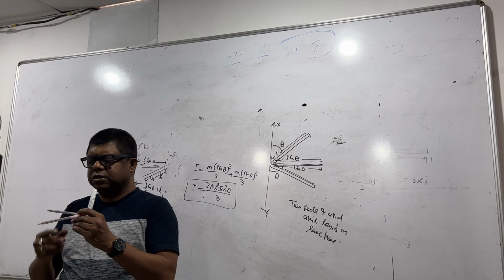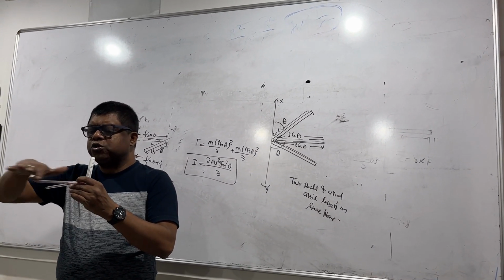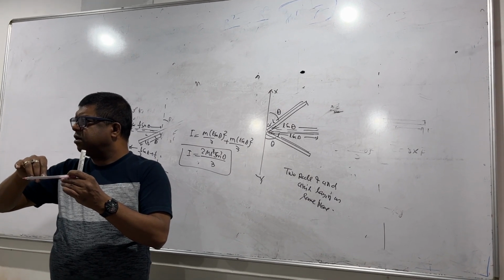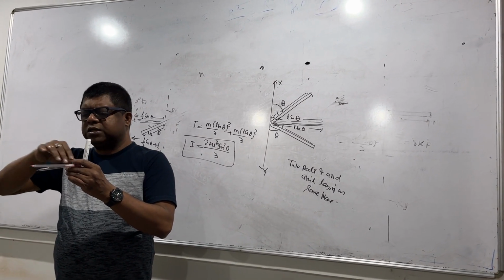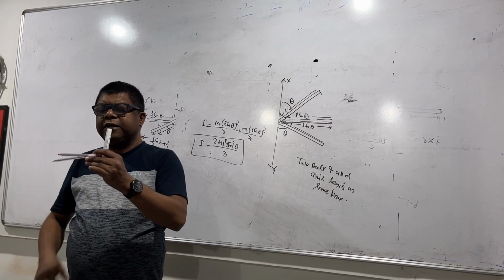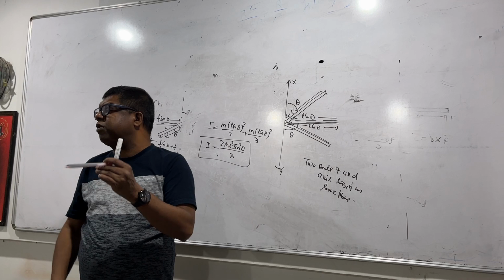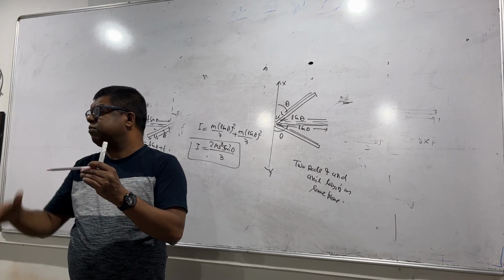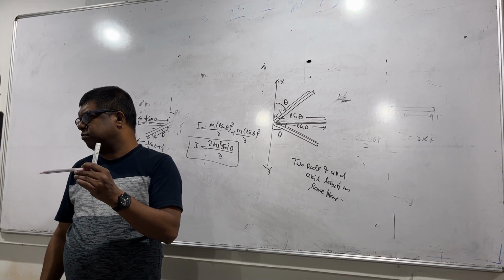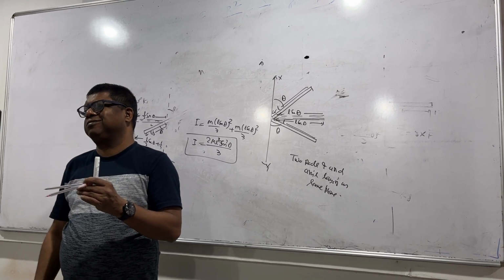Next, the last variety of the moment of inertia of rods. Suppose these are two rods lying on the same plane, but the axis is perpendicular to the plane of the two rods.